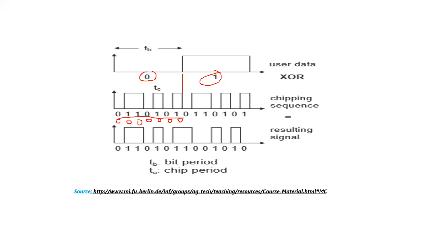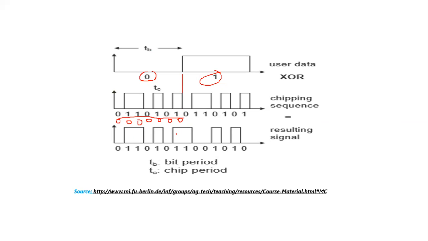XOR creates 1 when the two inputs are different, otherwise it creates 0. So 0 0 is 0, 0 1 is 1, 0 1 is 1, 0 0 is 0, 0 1 is 1, 0 0 is 0, 0 1 is 1. This is the sequence you get for 0.